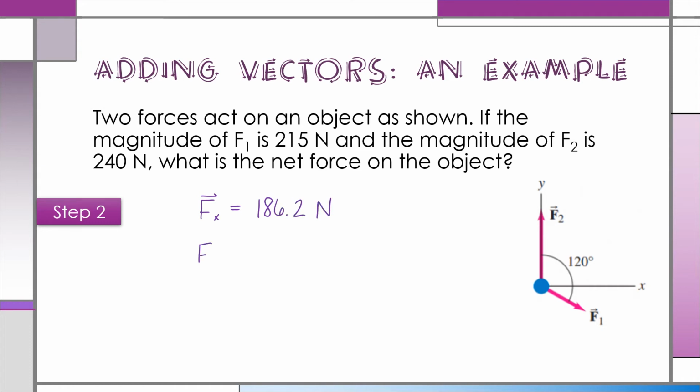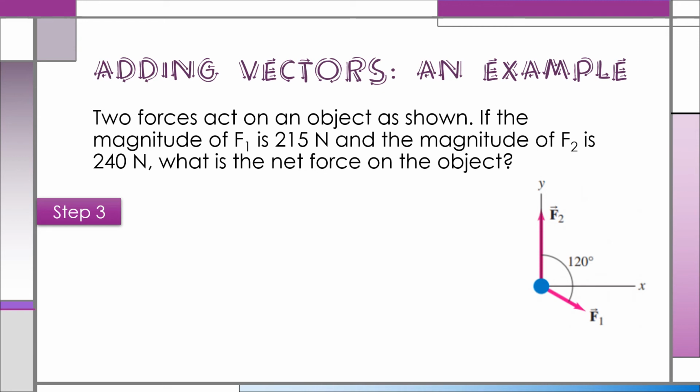And for that y component, I'm going to add together F2 and that y component of F1. So 240 newtons plus a negative 107.5 newtons ends up giving me a positive 132.5 newtons.